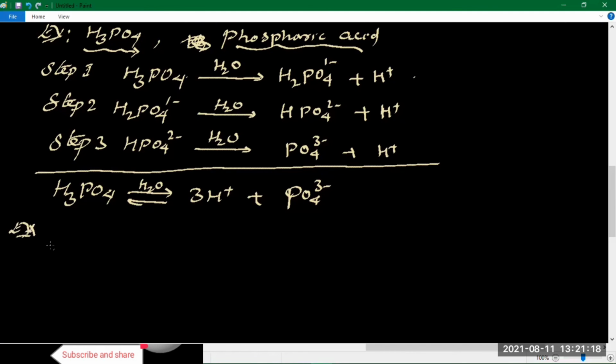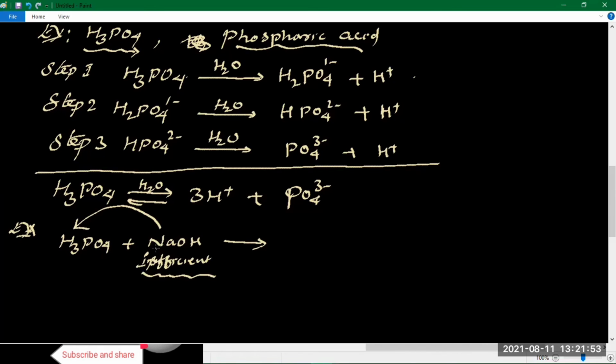Let us study this phosphoric acid reaction with sodium hydroxide. H3PO4, when it reacts with one molecule of NaOH, which is an insufficient amount. In sodium hydroxide, only one sodium is there. Sodium can displace only one hydrogen from the phosphoric acid.